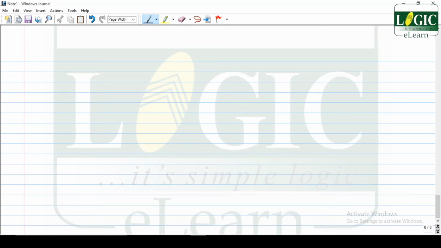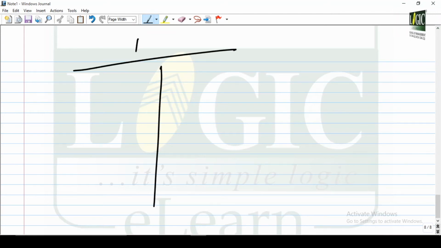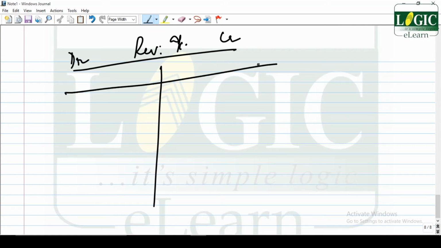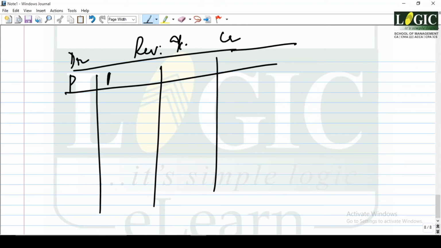I hope you might have put tick marks. As usual, the accounts to be prepared are the revaluation account, debit side, credit side, particulars, amount.